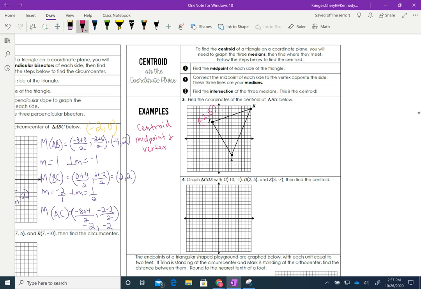And L is at 4, -5. Okay. So we need to find the midpoint of JK, the midpoint of KL, and the midpoint of JL.